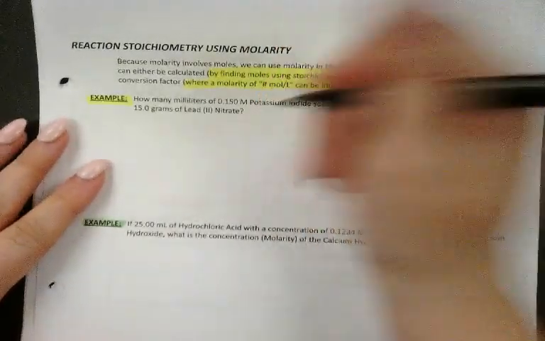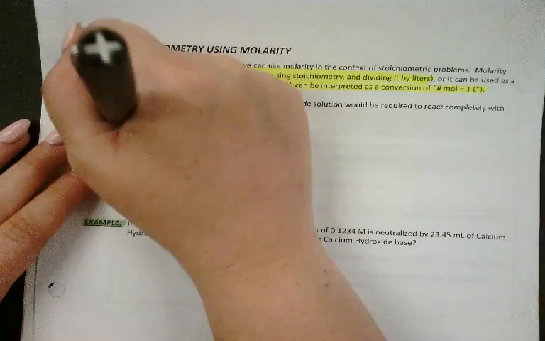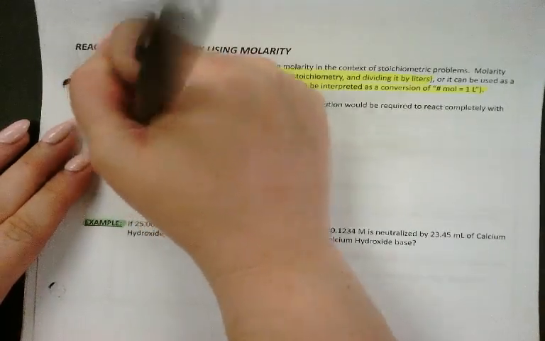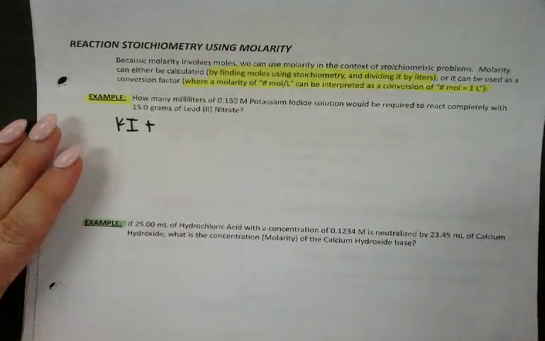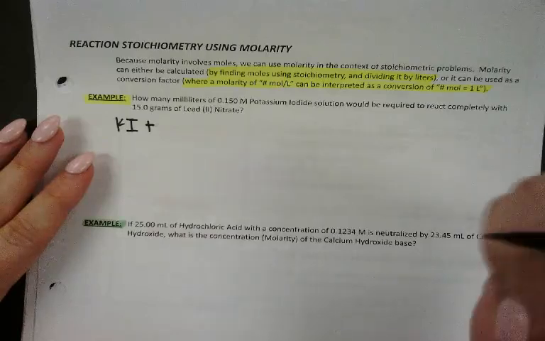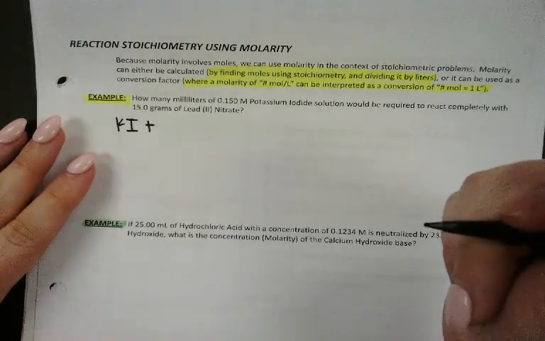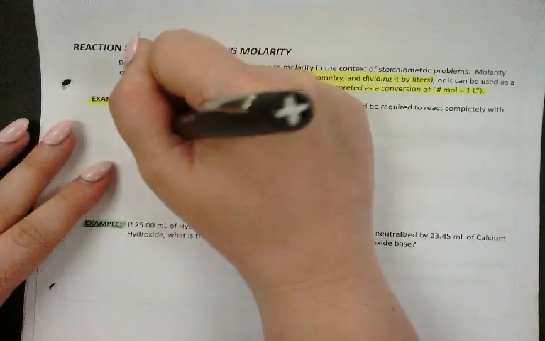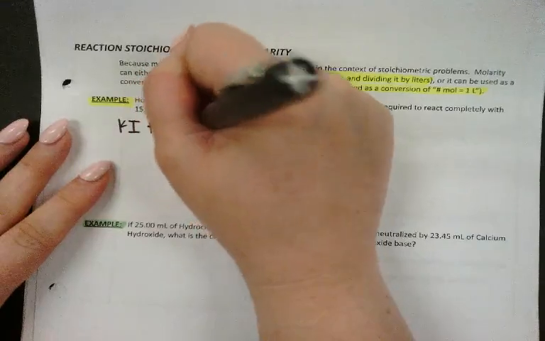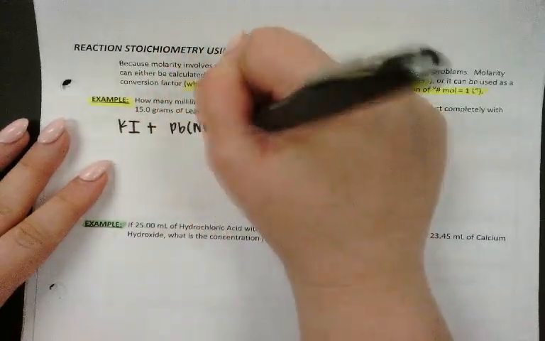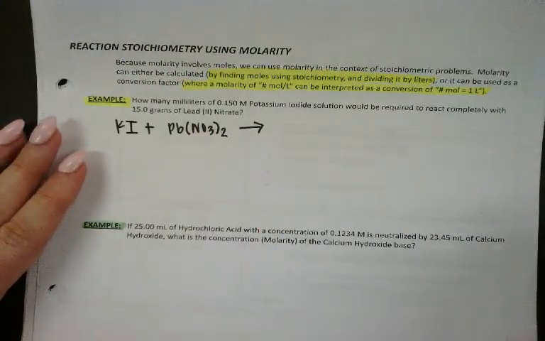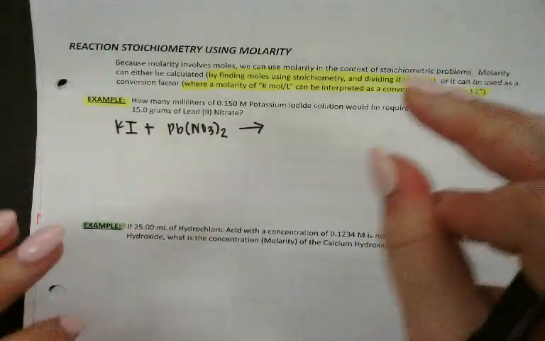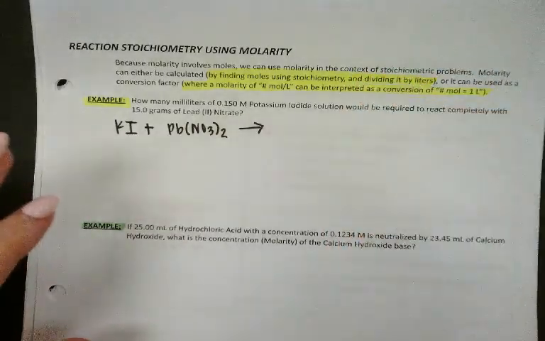Okay, potassium iodide. How do I write potassium iodide? KI. Lead 2 nitrate. How do I write lead 2 nitrate? I would be writing this down, Advait. All right. My first product is what, Janav?